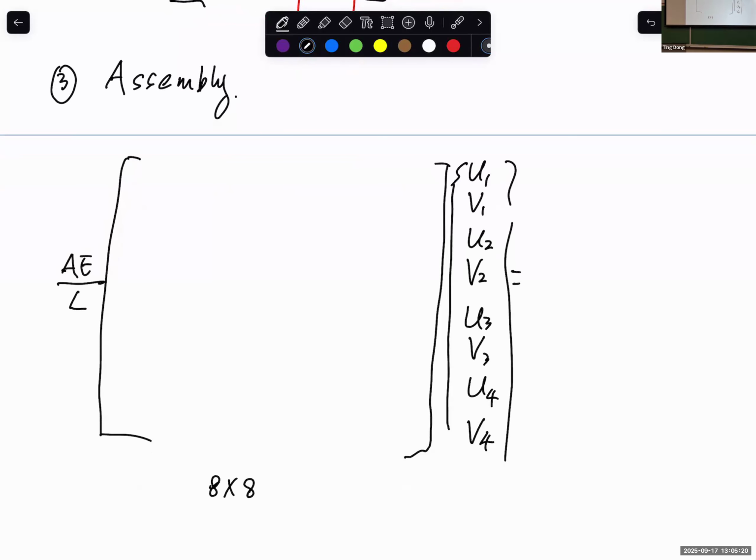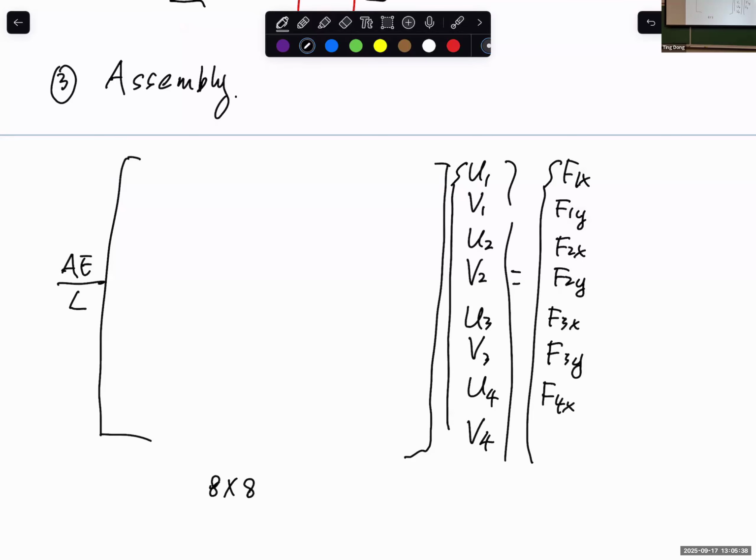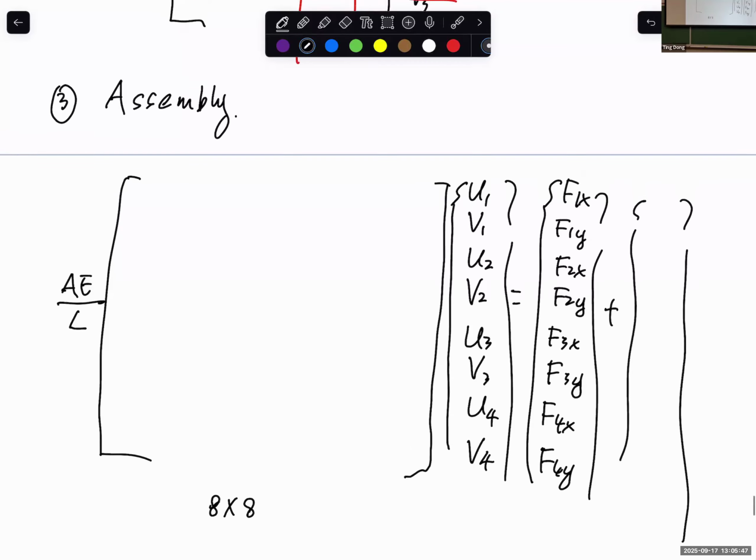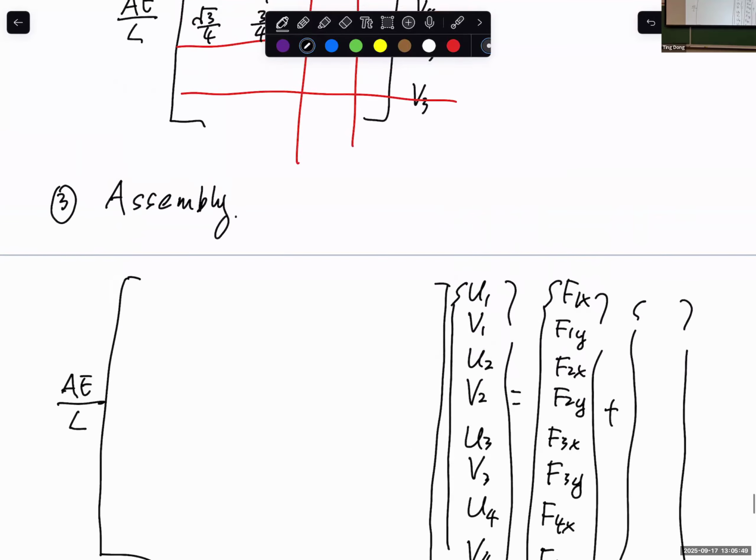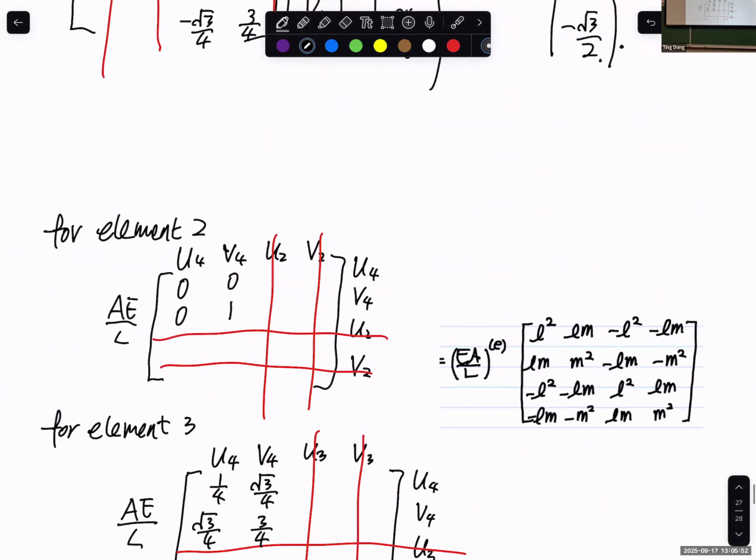And on the right side we have F1x, F1y, F2x, F2y, F3x, F3y, F4x, F4y. And we have the thermal term. Temperature change is only for element 1.